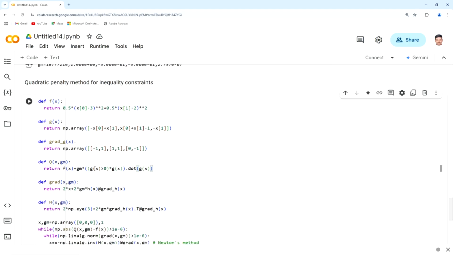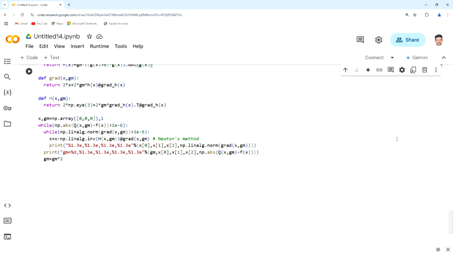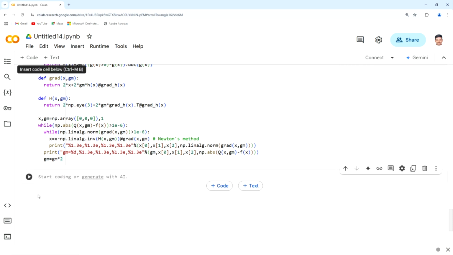Just to let you know what is going on, I will write this in a new tab just to give you an understanding. So, let me define g as 1, minus 2 and 4. Let us see what is g greater than 0 into g.